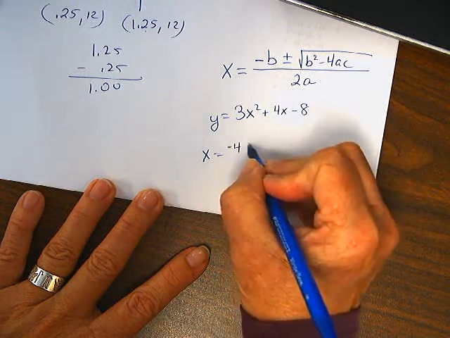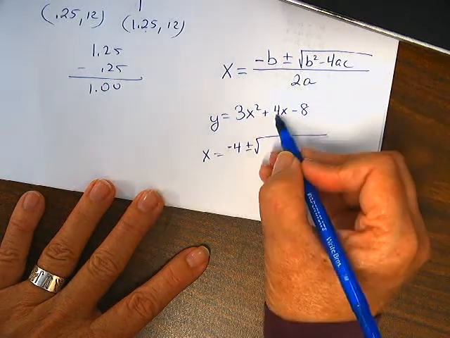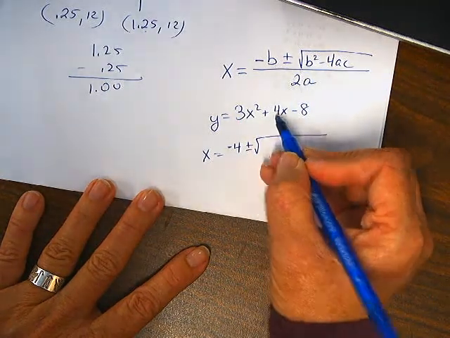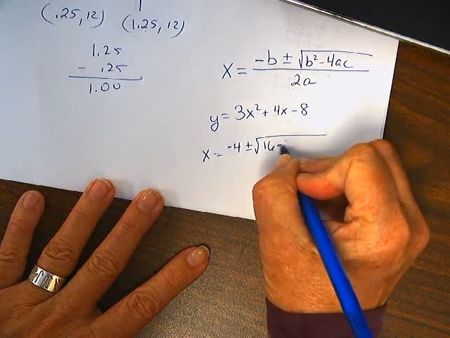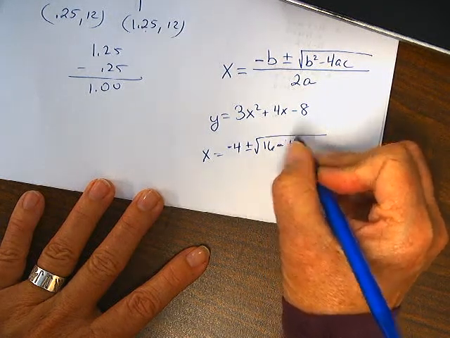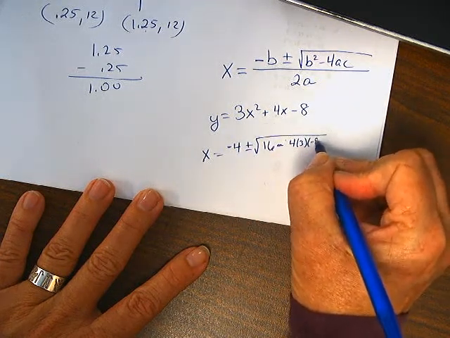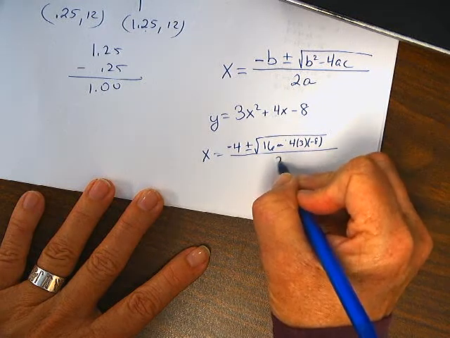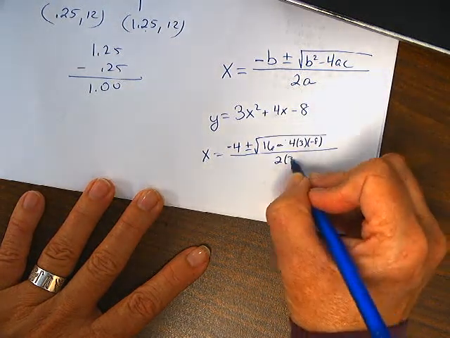So negative 4 plus or minus the square root of b squared. So b squared is 4 squared, which is 16, minus 4 times a, which is 3, times c, which is a negative 8. All of this divided by 2 times a, and my a value is 3.